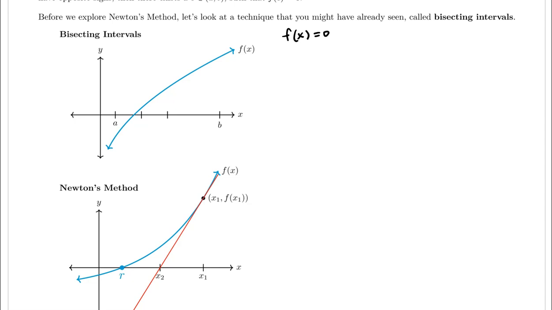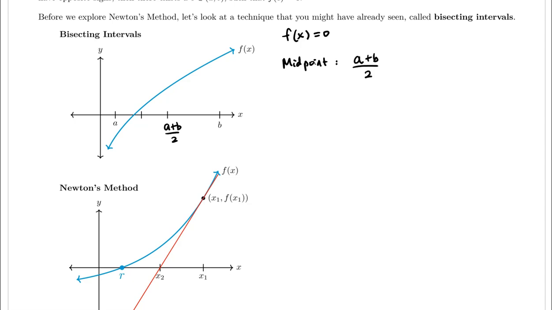In the method of bisecting intervals, we take the midpoint of the x values a and b, which we can find using the formula a plus b over 2. Essentially we're just taking the average of these two numbers. So I'm going to put a plus b over 2 here.